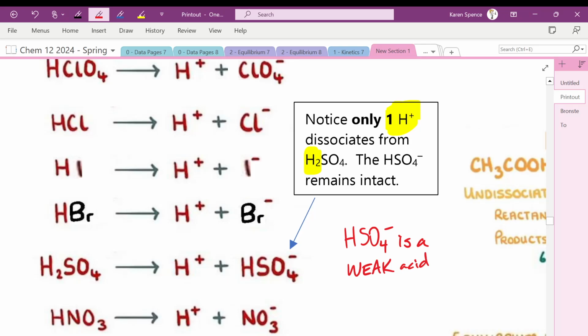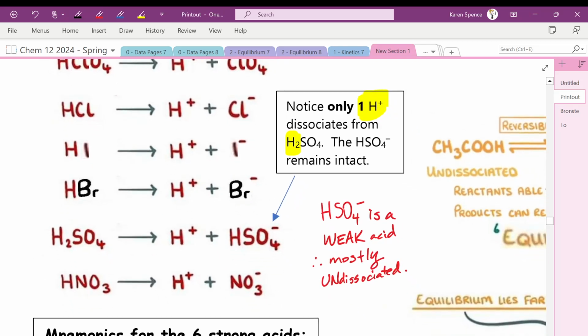It mostly stays undissociated. So that's why we don't bother taking off the second H. So that's our strong acid.